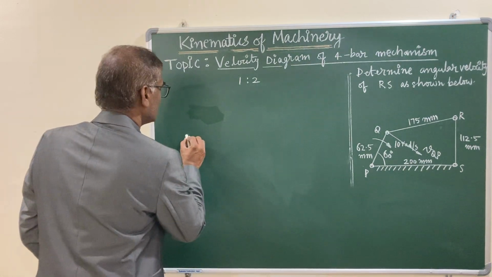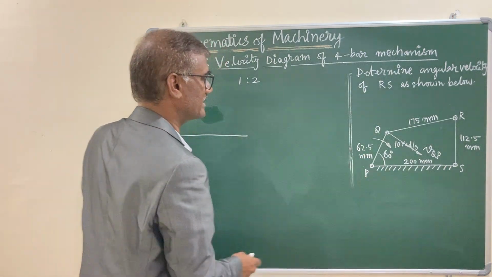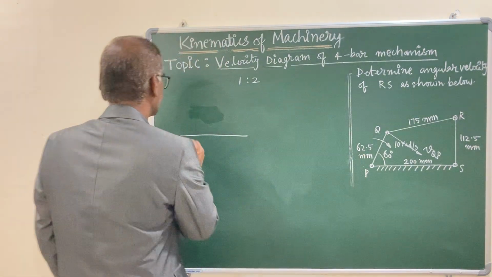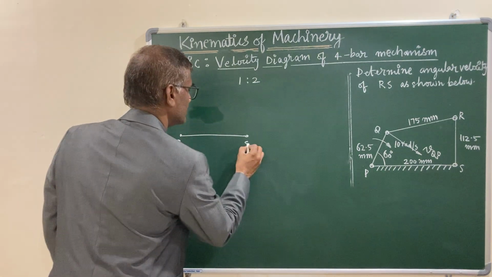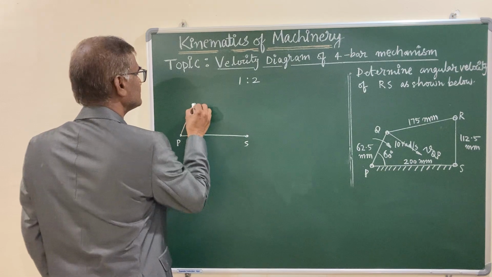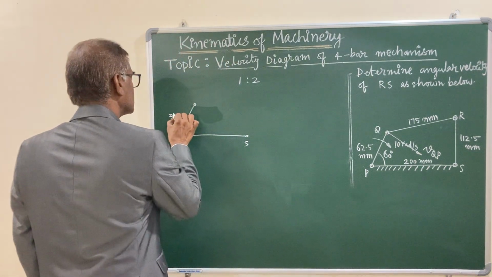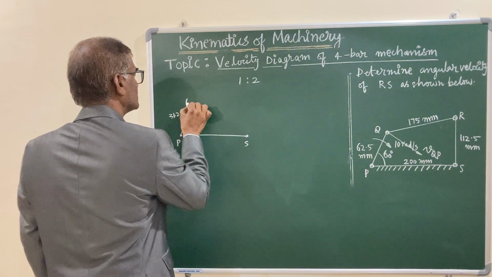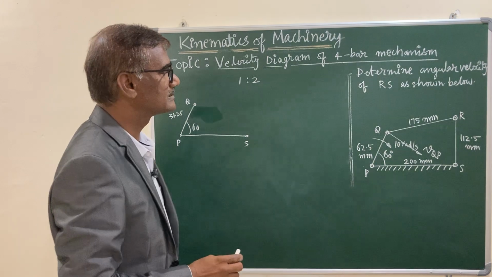Draw the fixed link PS. 200 is given, you take it as 100 mm length. This is your fixed link PS. Draw a line at an angle of 60 degrees, and the length given is 62.5, mark it as 31.25, so that you get your point Q on this.